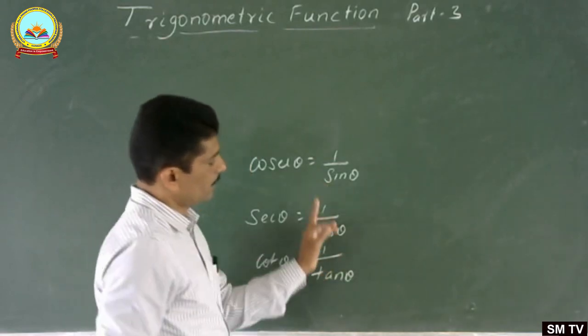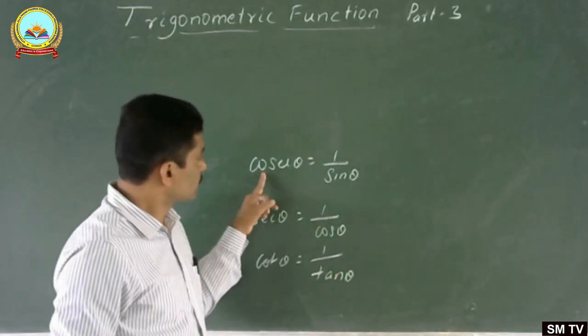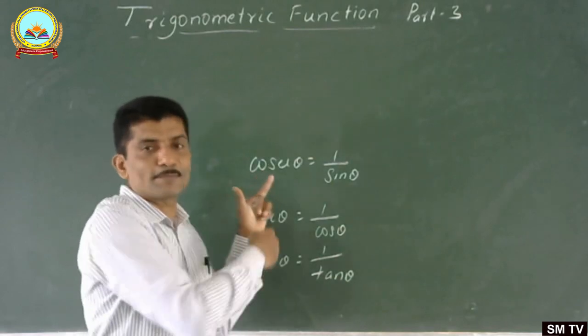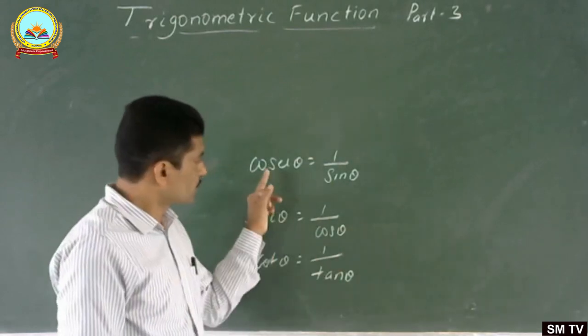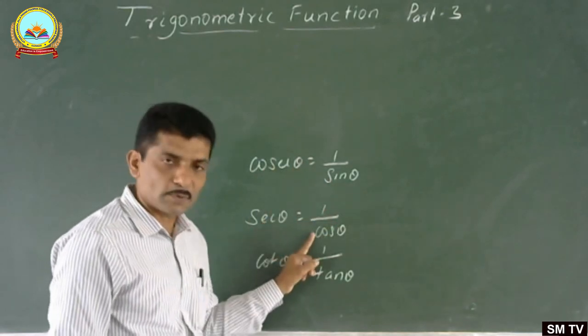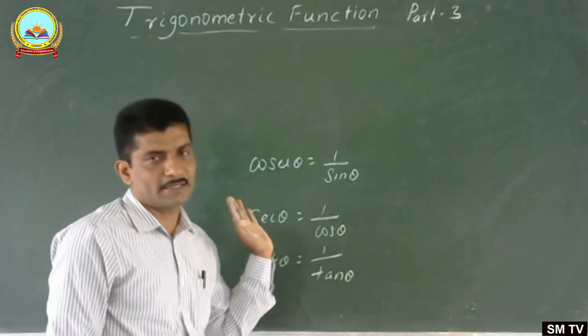Here sin theta, cos theta and tan theta are the trigonometric functions, and cosecant theta, secant theta and cot theta are called the reciprocal functions. Cosecant is the reciprocal of sine, secant is the reciprocal of cos, and cot is the reciprocal of tan.